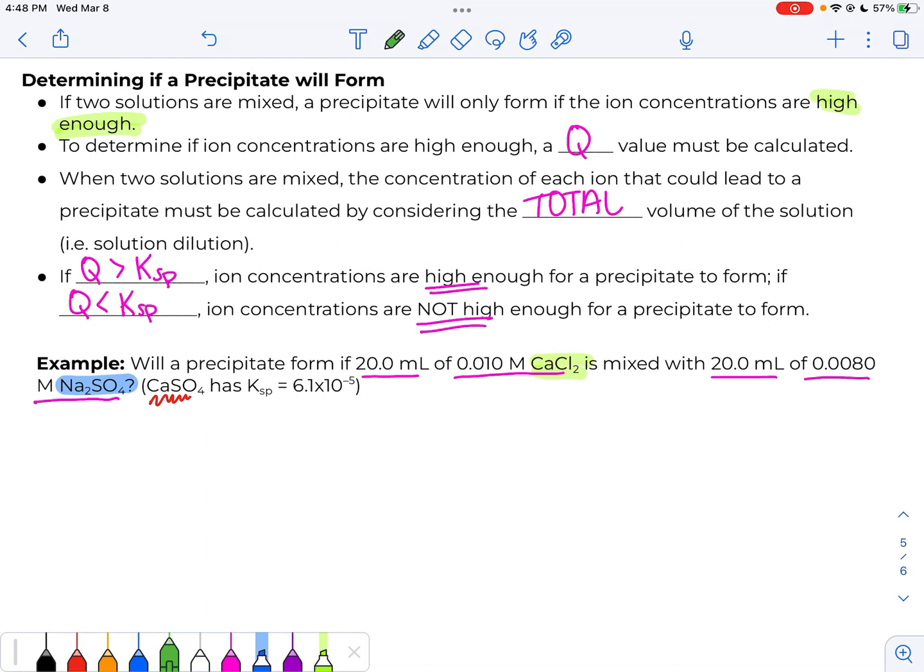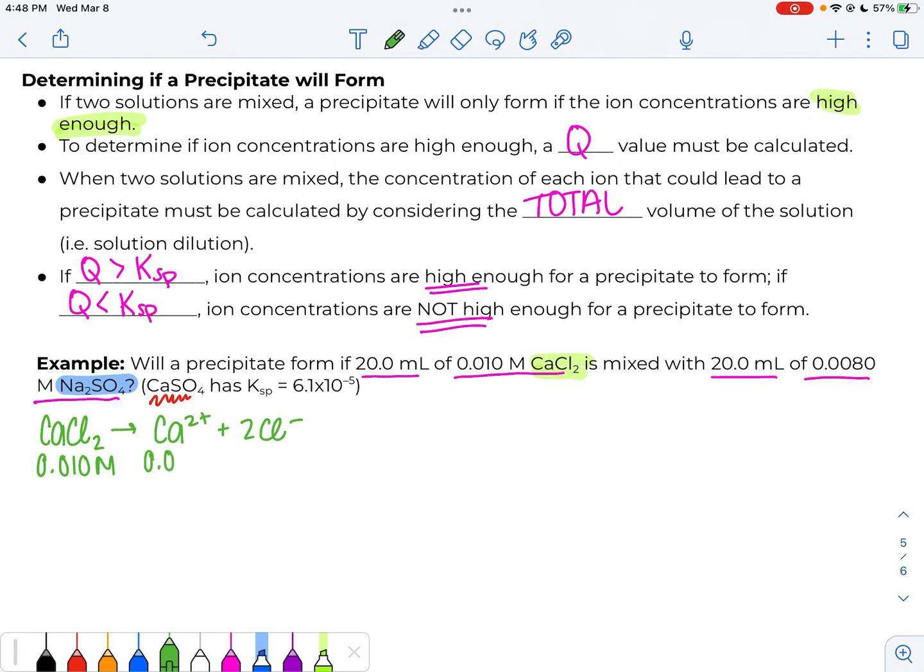So let's start out with calcium chloride. This thing is a soluble salt, so it's going to break up into its ions, Ca2+ and 2Cl-. Our initial concentration of our salt is 0.010 molar, and in this reaction I only care about the calcium ion. We don't care about the chloride because we know it's a spectator, so I'm not going to bother with calculating its concentration in solution.